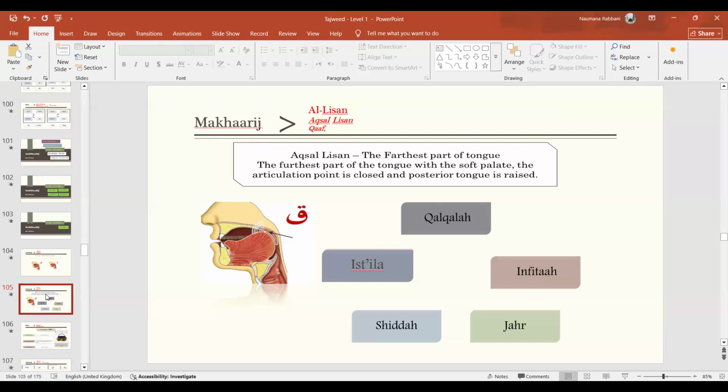Istifal is where the sound stays, it's light. And then we have itbaq and infitah, where the middle of the tongue is also raised. Itbaq can only happen in the letters of isti'la, and the rest of them are infitah.